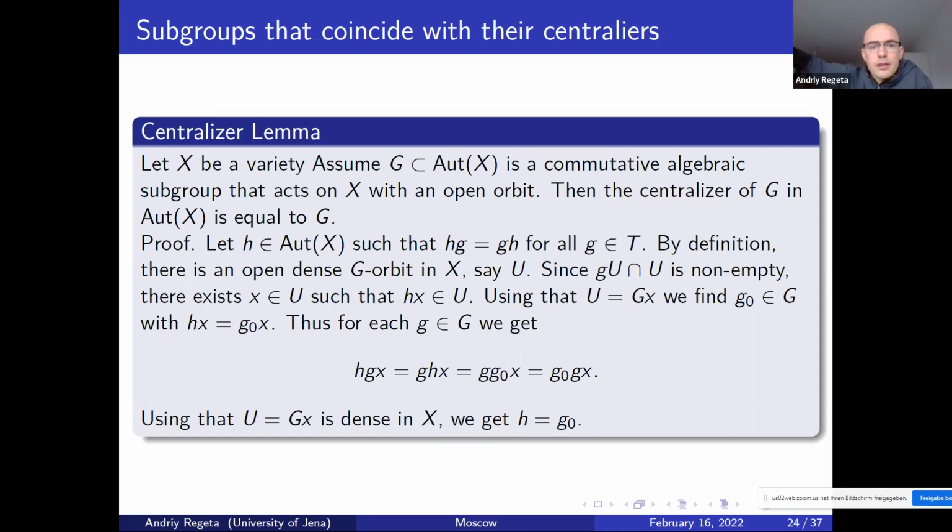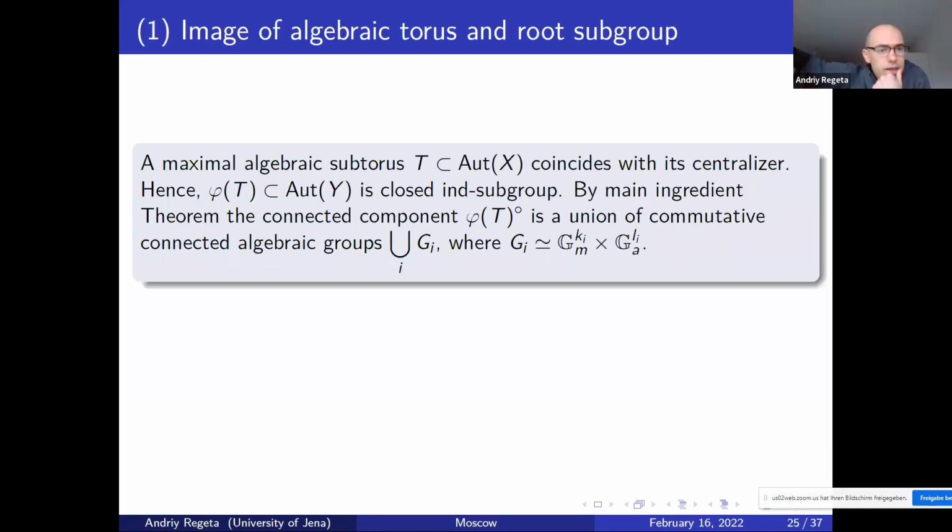Why is the centralizer lemma important? We take a maximal algebraic subtorus T in Aut X. It acts on X with an open orbit by definition, because X is toric.